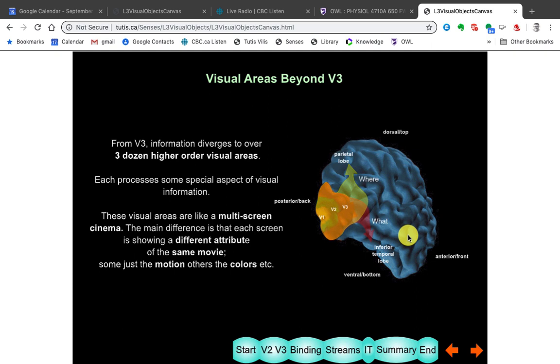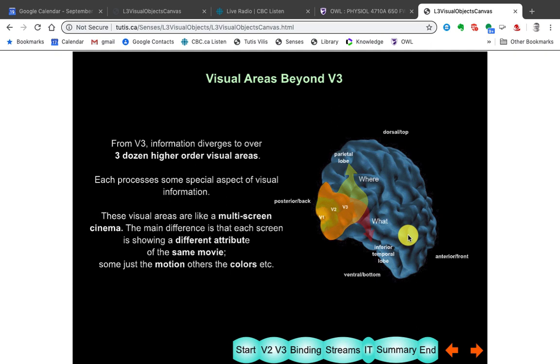Now, there's something like about 36 or more visual areas that we've talked about now, V1, V2, V3. Well, there's 36 and counting. I keep discovering new ones every month or so, it seems. What's amazing about the brain is that it's like your Silver City multi-screen theater.